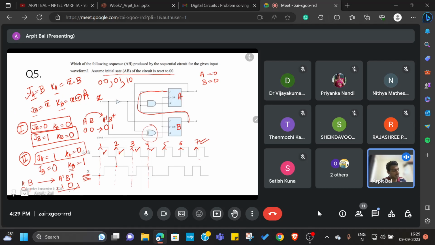The next thing is related to figuring out the sequence AB that is going to be produced, and here also we did the same thing. We first figured out the equations for JA, JB, KA, KB, and then you need to also take note of when the input is being sampled by the clock.